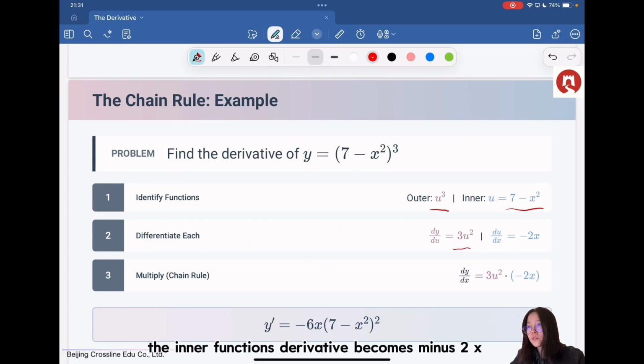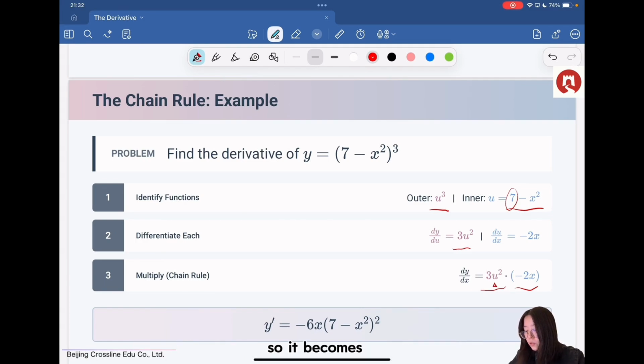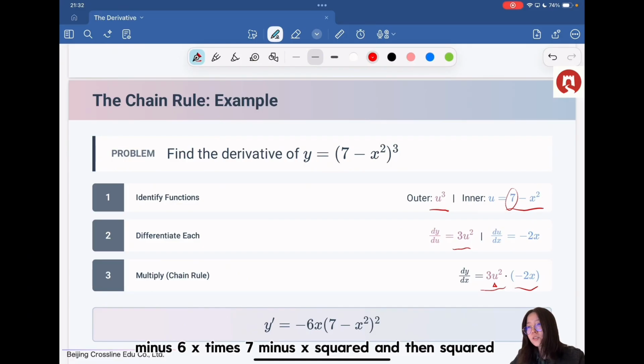The inner function's derivative becomes minus 2x, since the derivative of a constant is 0. And then we just multiply them. It becomes 3u squared times minus 2x. But we should substitute u as 7 minus x squared here. So it becomes minus 6x times 7 minus x squared, all squared.